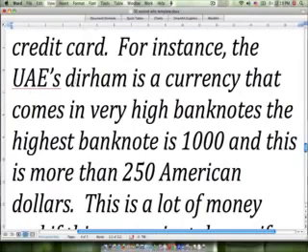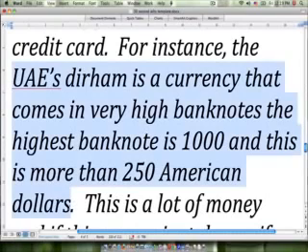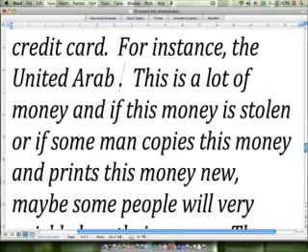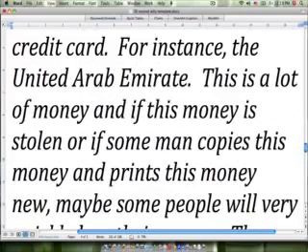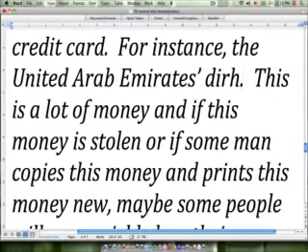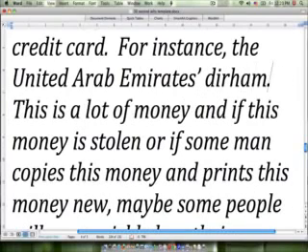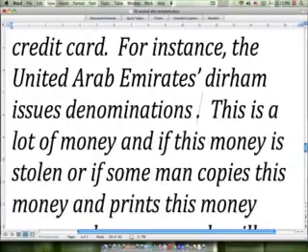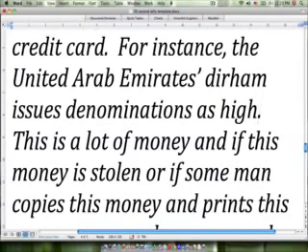So let's try rewording this part a little bit more briefly. Now I'm going to take both, we just mentioned these are two sentences, I'm going to take both sentences away and we'll try to restructure it in a different way. So let's say the United Arab Emirates dirham issues denominations as high as, we'll say, 1,000.